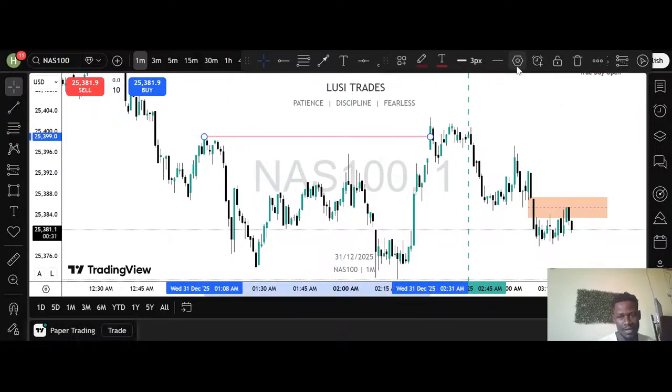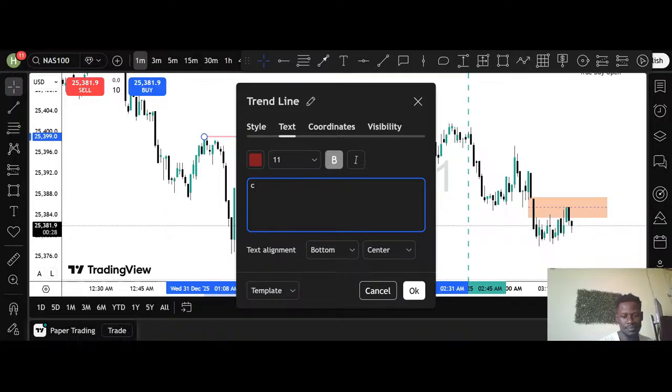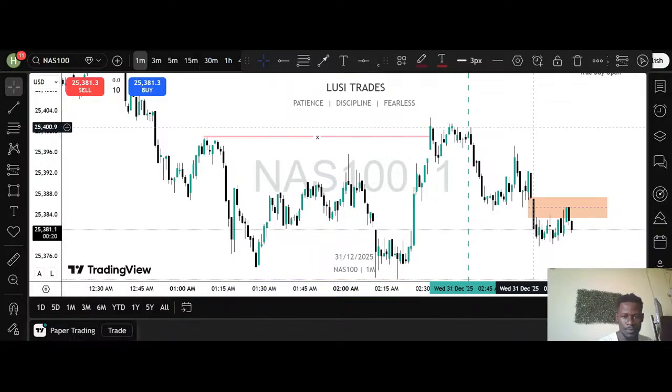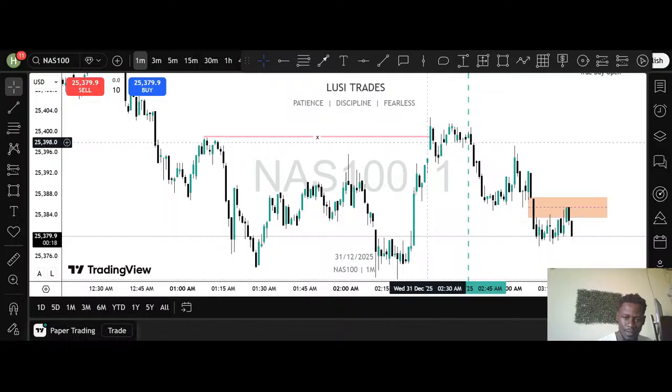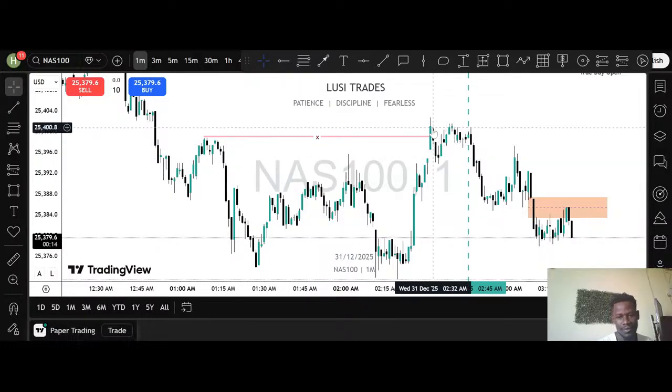So let me just highlight this. Then we had this fair value gap around the 25 quadrant level.